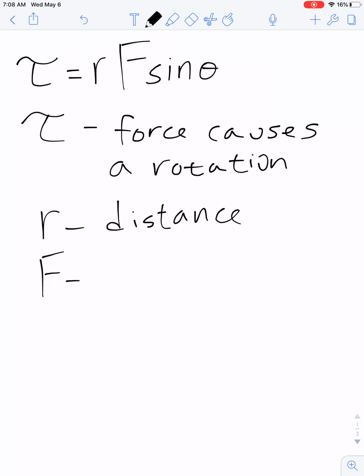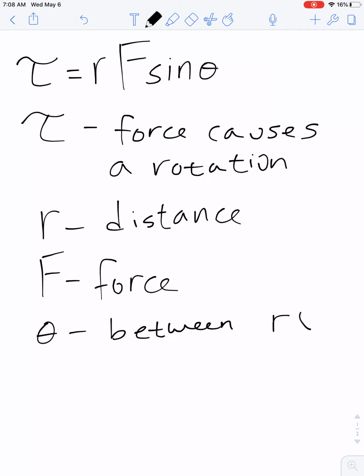F, of course, is the force that we've always been dealing with, and then there is an angle theta as well. And the angle theta is the angle between, we'll just say r and F, the force and the distance, okay?